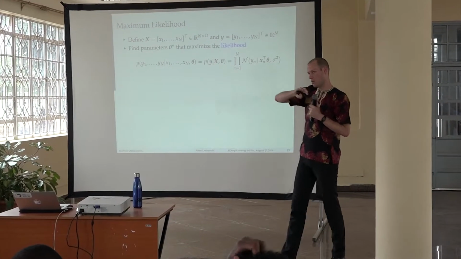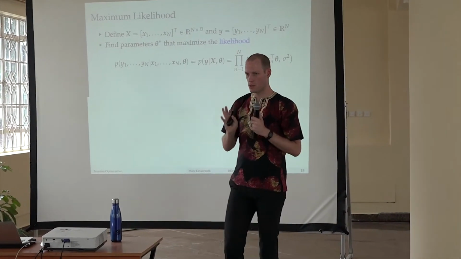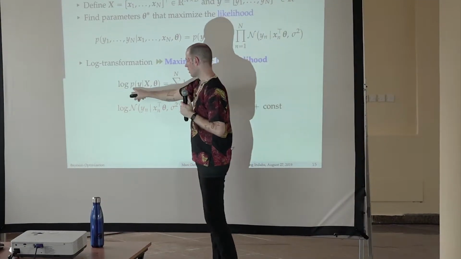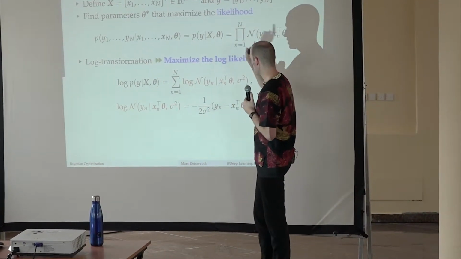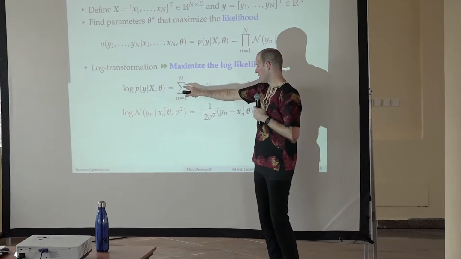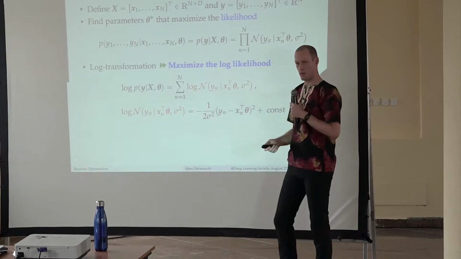Yeah, we can do a log transformation and the optimum does not change, but it makes our problem easier. So if you write down the log likelihood now, the product turns into a sum, and we move the log in, so we just have the sum of log Gaussian distributions.